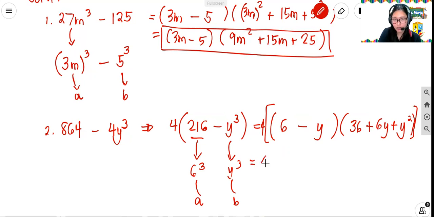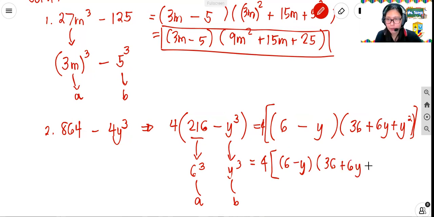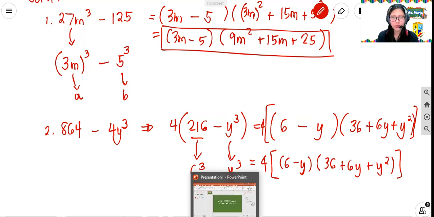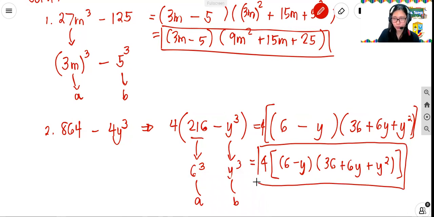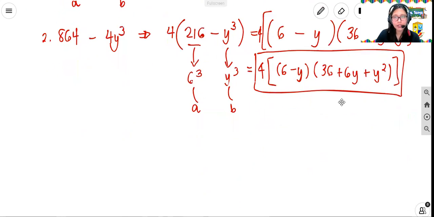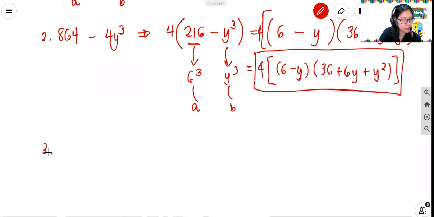So if we put it in a more clear expression, our factor would be 4 times 6 minus y times 36 plus 6y plus y squared. So yeah, that is the answer for number 2. I hope you got it right. I hope you were able to see that 864 is not a perfect cube and that there's a common factor in 864 and 4. Let's go to the next example or the next practice exercise.